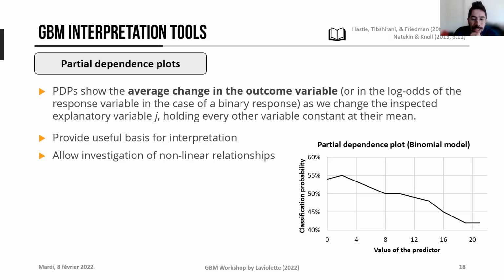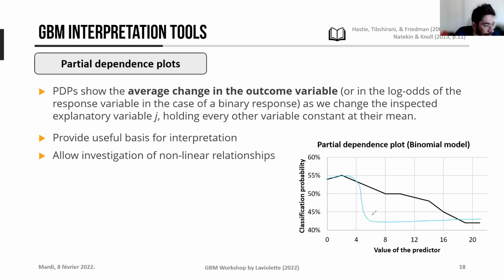It's very interesting because it allows us to also investigate nonlinear relationships. It means that the relationship between our predictor and our outcome variable is not necessarily linear, and we're going to be able to investigate it using these partial dependence plots. You'll see a further example later where you'll see a fast drop after a certain value and then no change after another value.